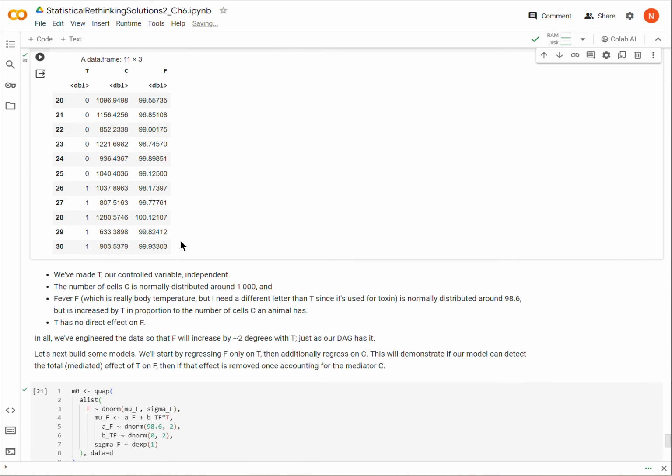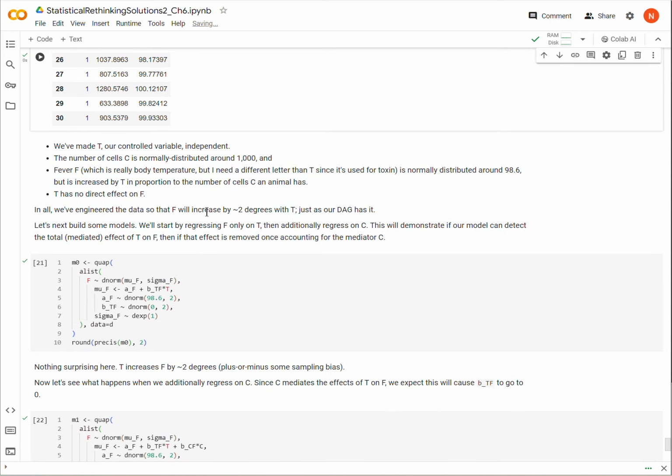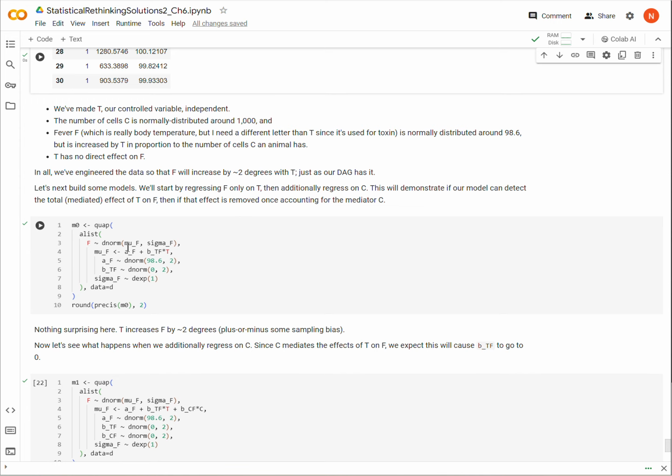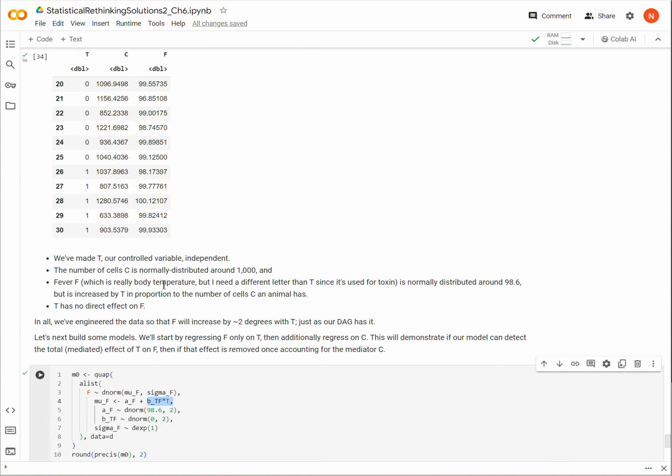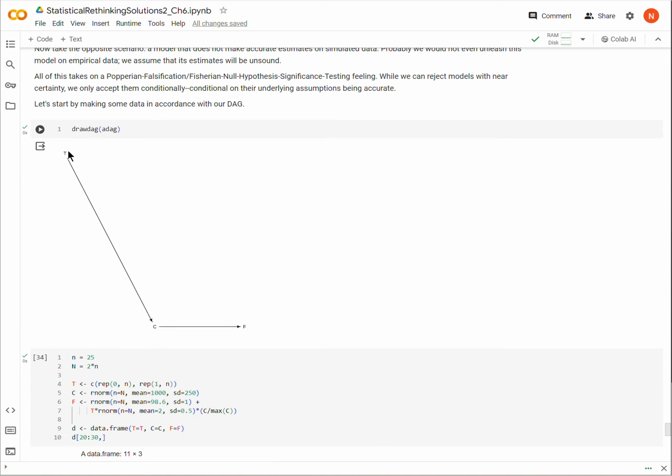All right. So we're going to start building our statistical models, and for the first one, we are going to regress F on just T. The effect of F on T is just going to show the effect of T on F, ignoring C here.